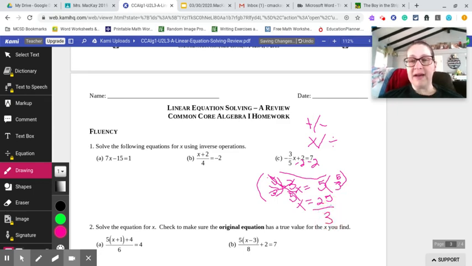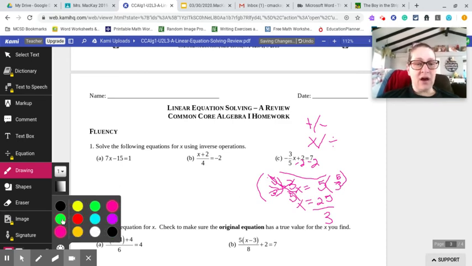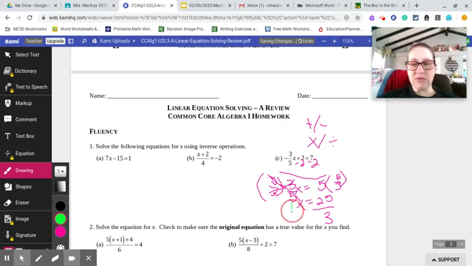Now you could divide 25 by 3. It's going to give you a fraction or a decimal depending on which setting you have your calculator at, but you can leave it as x equals 25/3. That is perfectly acceptable.